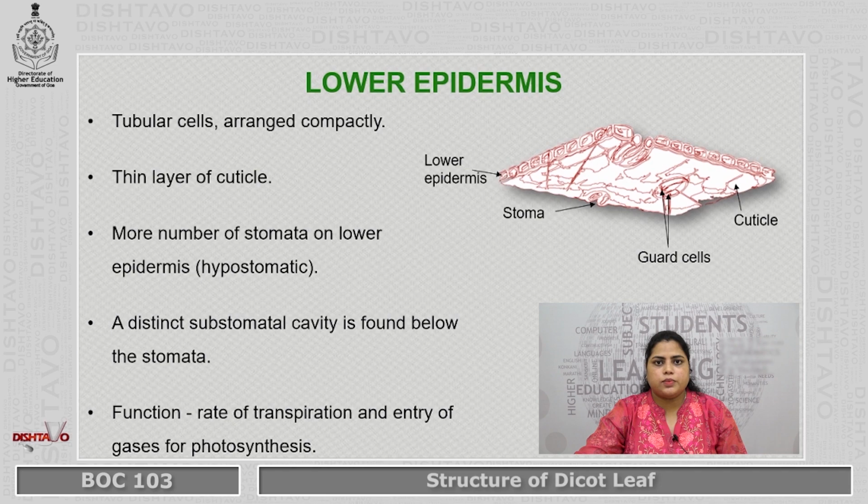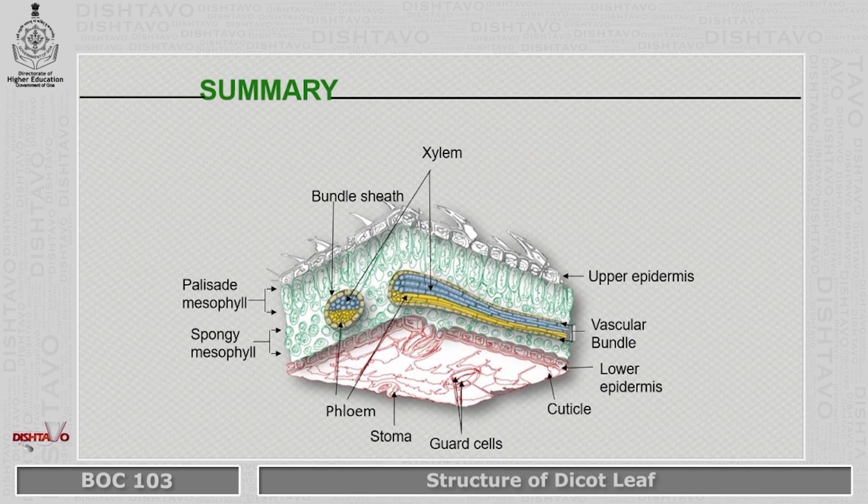A distinct substomatal cavity is found just below this stomata. This substomatal cavity helps in the rapid diffusion of gases. The main function of both the epidermal layers is to check the rate of transpiration and the entry of gases for photosynthesis.